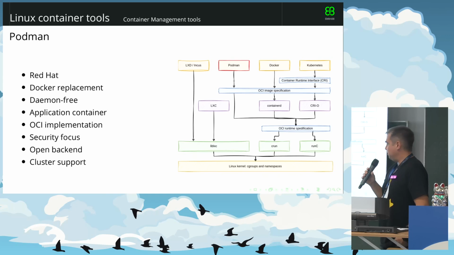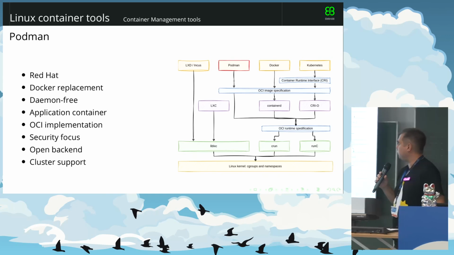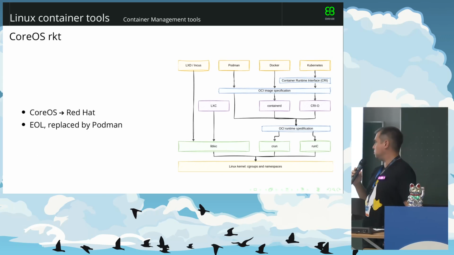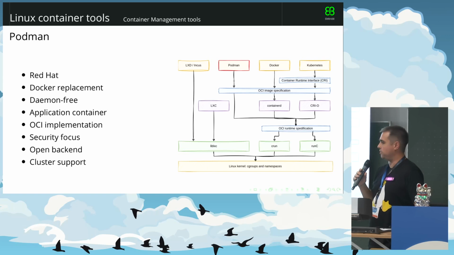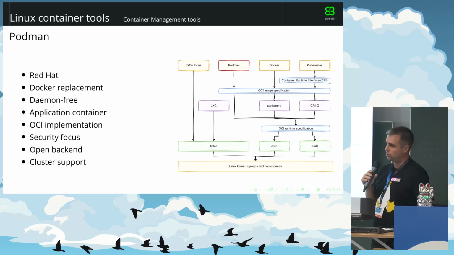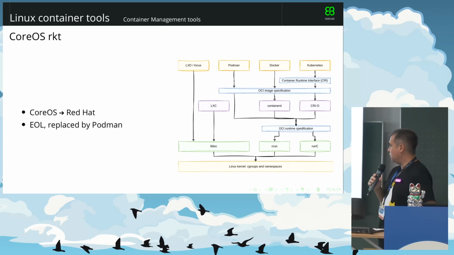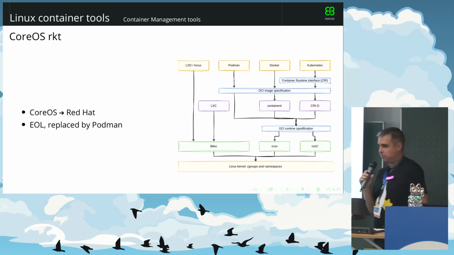They, at least, claim to be security focused. And for OCI you have open backends. If you run big installations, cluster support is also there for Docker and for Podman, and also for LXD. Good. Then one other tool where you may see some references in older publications is CoreOS Rocket.